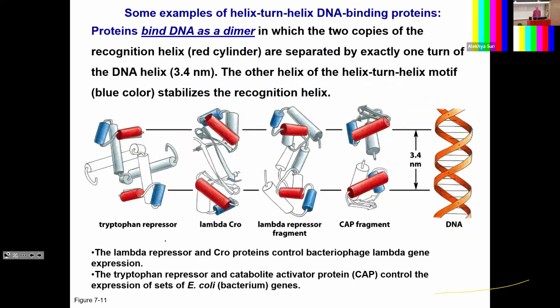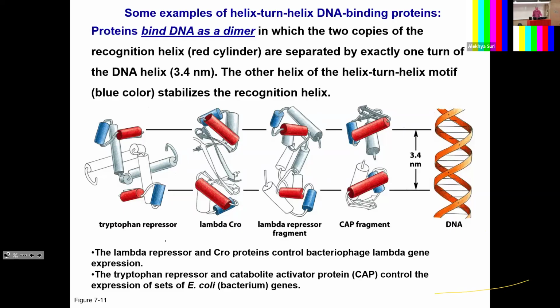Usually, these transcription factors would not bind as a monomer, they would bind as a dimer. We have here multiple examples, like the tryptophan repressor. You don't need to memorize these examples, but you need to memorize that it binds as a dimer, not as a monomer.